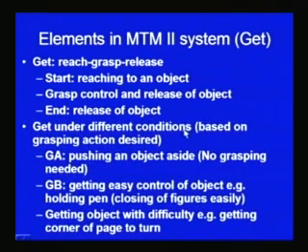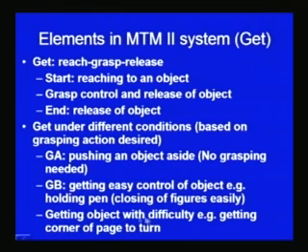Get under different conditions, based on the grasping action desired, is categorized as GA. For a case simply pushing an object to one side, pushing aside an object leads to GA, which does not require any control. So, no grasping is needed, while in the case of GB, getting easy control of the object, say holding a pen by closing the fingers, this control is easy, but somewhat more difficult compared to just pushing an object to one side.